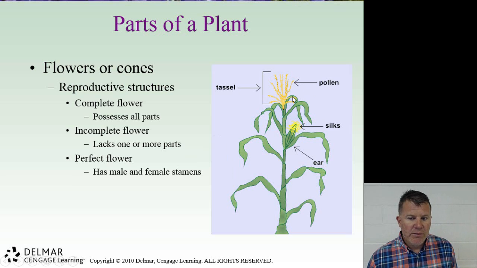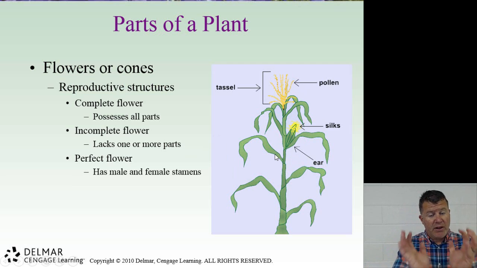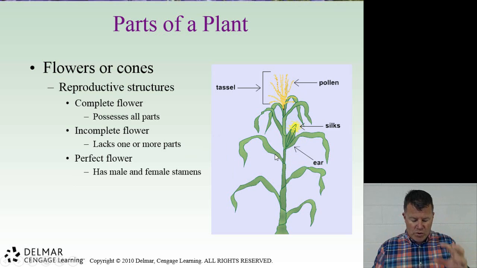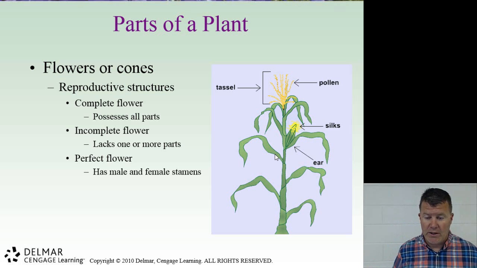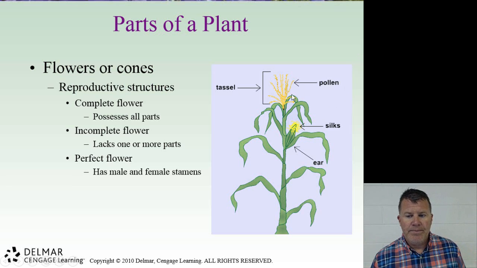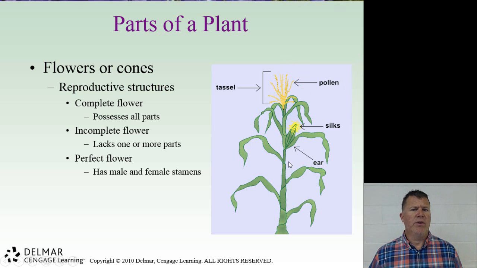Well, here they're two separate flowers. You got the male flower and you got the female flower. So it's imperfect. Perfect is when they're side by side. Think of the perfect world. And you also know if it's a complete flower, it also has to be perfect. But with corn, and most of your imperfect flowers are going to be pollinated by wind, because there's nothing really attractive about that.